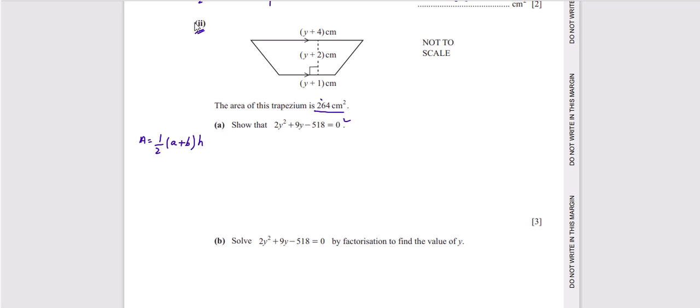A is area. The given area is this one. This one is a. So 264 is equal to 1 by 2 into a, which is y plus 4, plus b. The value of b is y plus 1, into h, which is y plus 2.